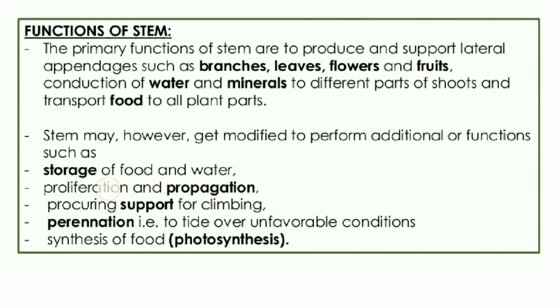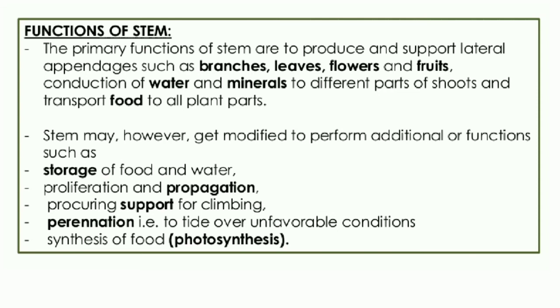For this purpose also the stem will help. And procuring support for climbing, means the leaves must go to the area where they get light for photosynthesis. So to carry those leaves to the upper area, to the aerial parts, the stem has to increase its length, it has to bend towards the light so that the leaves can get sufficient light. So only the stem helps in climbing of the plant.